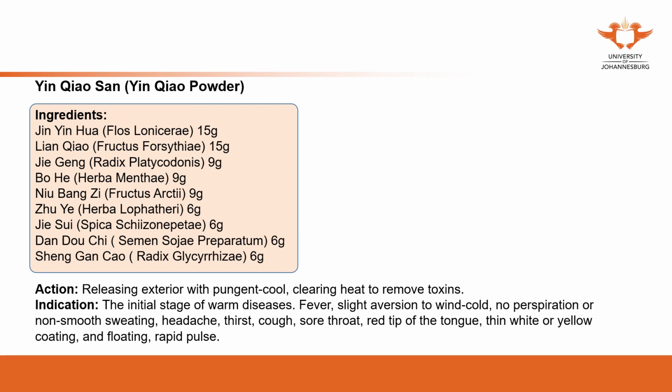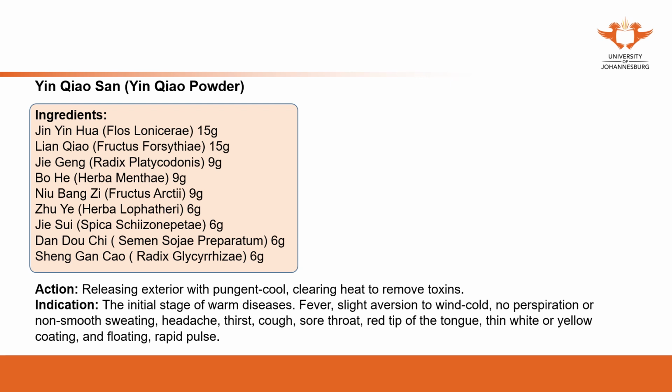The patient may feel humid on the skin but doesn't sweat a lot. So this is what we call non-smooth. It is not an absence of perspiration. The patient may present slight perspiration, but not severe perspiration.